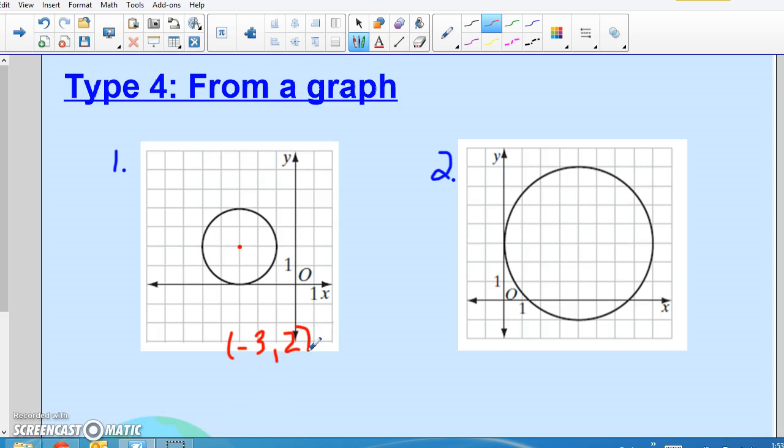Now remember, the radius is the distance from the center to any endpoint. So if I count the boxes, whether it's up, down, left, or right, my radius comes out to 2 in this problem. Now very quickly I was able to get the center and the radius, so I can plug it into the equation.